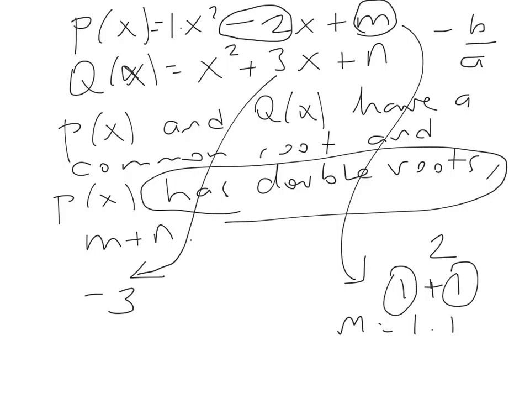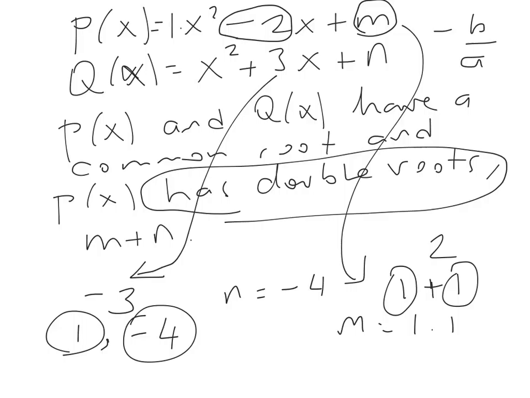So if one of the roots is 1, then the other must be negative 4. So n must be 1 times negative 4. Why? Because n is the product of the roots. So negative 4 times 1 is negative 4, n equals negative 4.